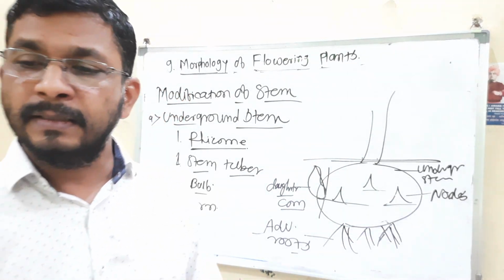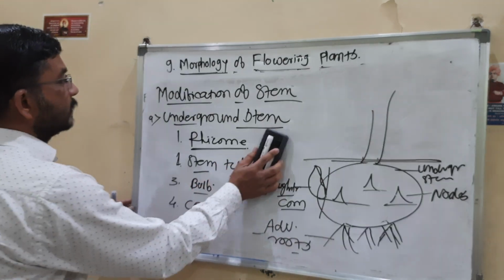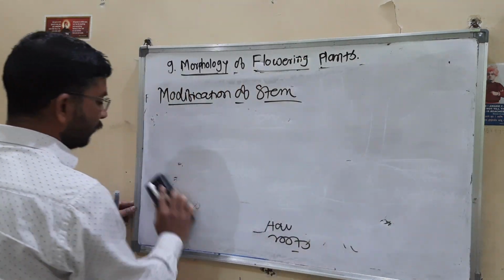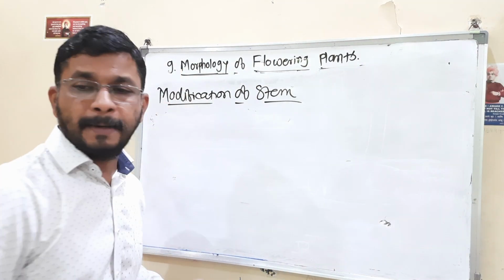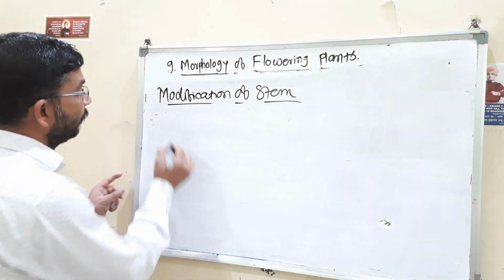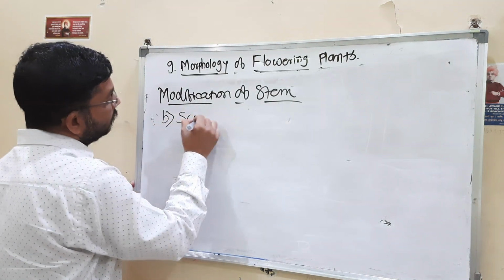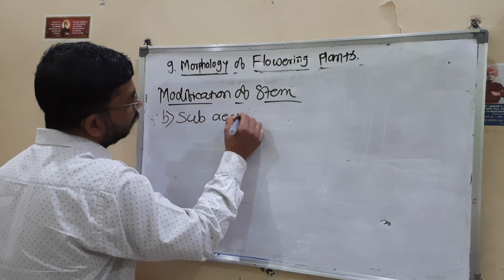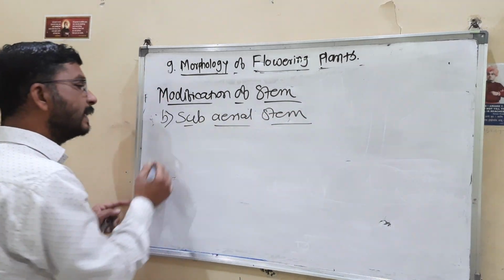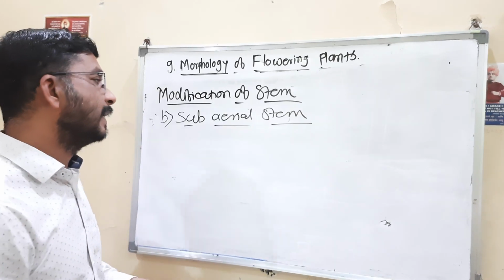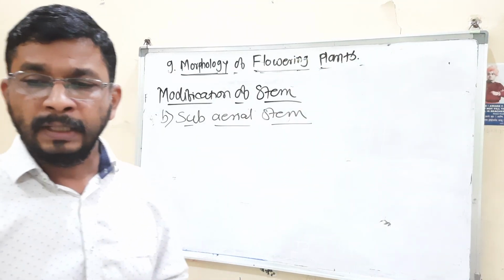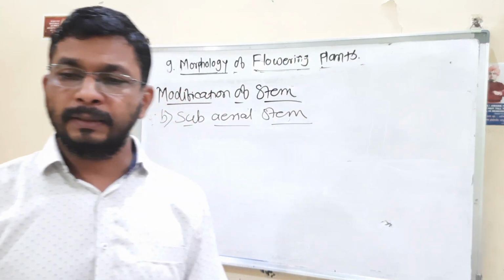Then next is subaerial modification of stem. Inside the modifications we found the subaerial stem. The word indicates that this stem is present to a certain limit towards the aerial region.